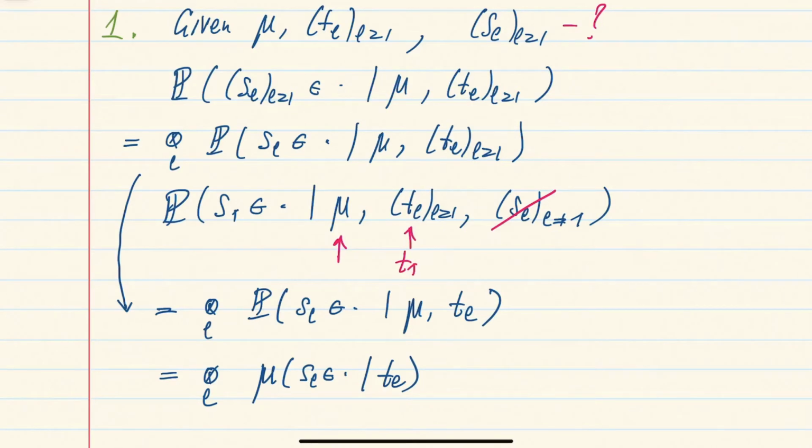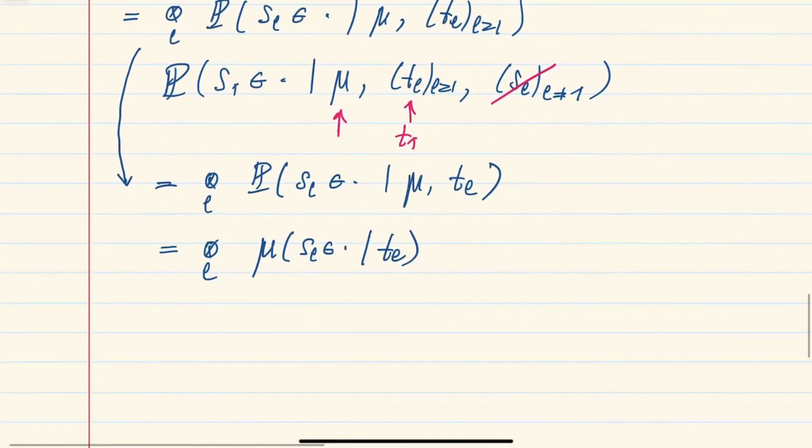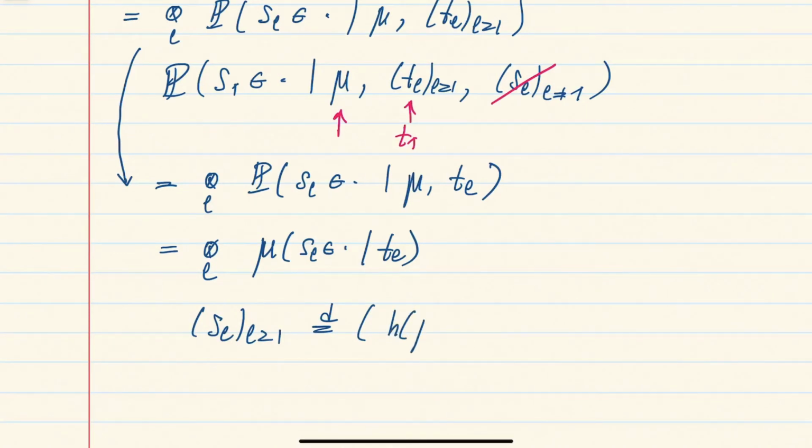As a result, given mu and given this sequence t, we can encode the conditional distribution of this sequence SL by some function h that depends on this empirical measure mu.